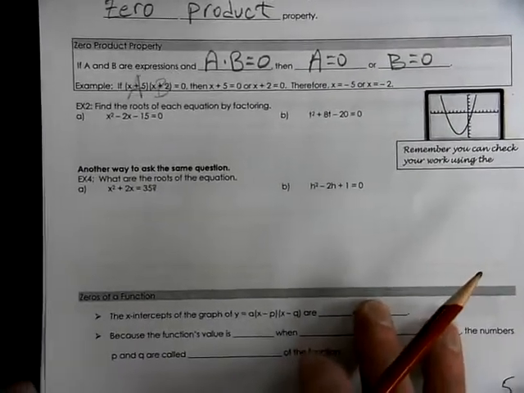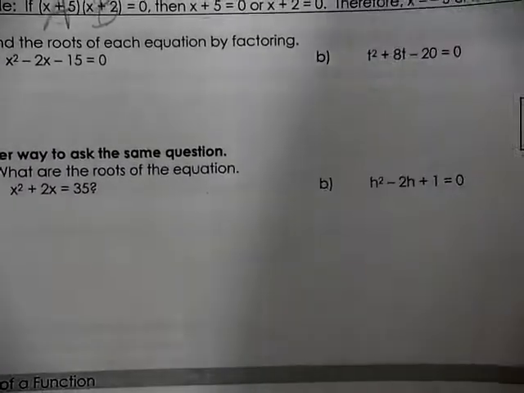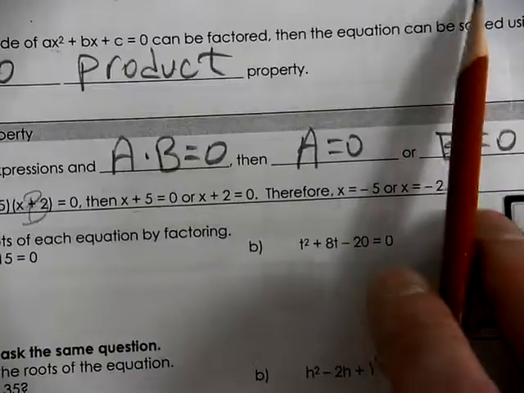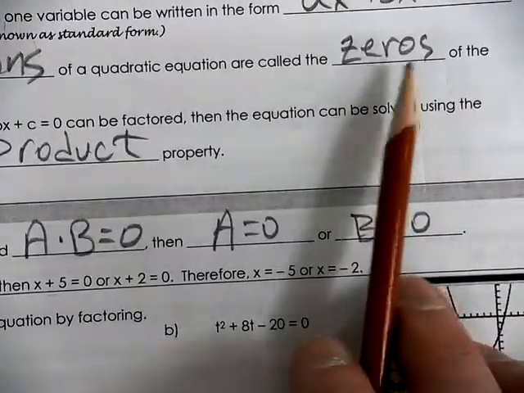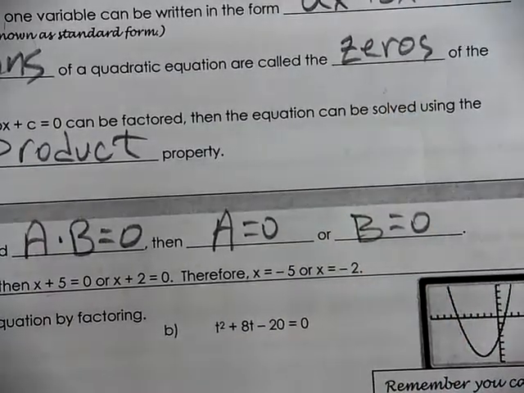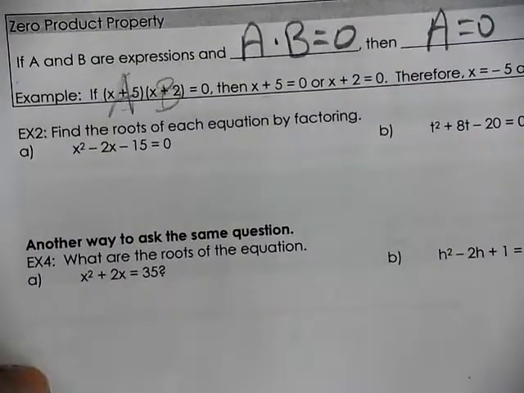So let's come on down here and try it. These are called roots. That's another term that we can use, called roots of the equation. Those are your solutions. Those are your zeros. Those are your x-intercepts.